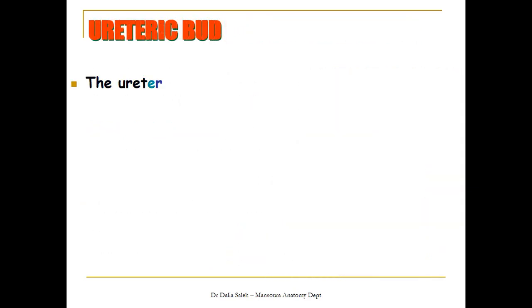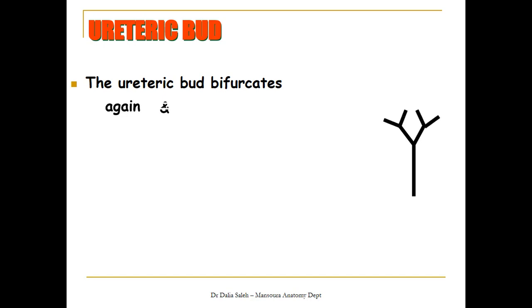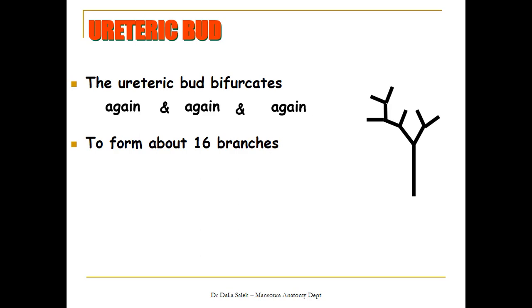If we talk a little bit about the ureteric bud, it bifurcates, again, and again, and again, so many times, up to 16 times, to give many branches.